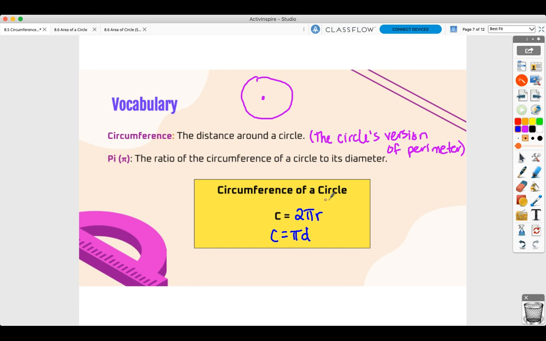And this works because 2r is equal to diameter. 2 radii is always going to equal the diameter. That's a fact. It's good to have that in place because if they give you a diameter, you need to be able to find the radius sometimes, okay? So it goes hand in hand.